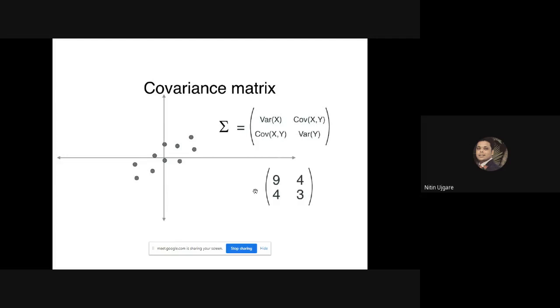So roughly I have taken the variance of the x coordinates as 9, whereas you can see the variance of the y axis. We are going to determine the vectors for the x axis and y axis, which is a discussion for a later part. That's why I have taken this value of variance y as 3.